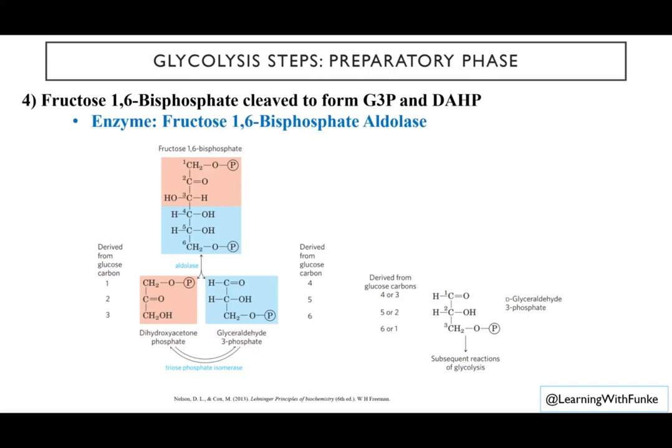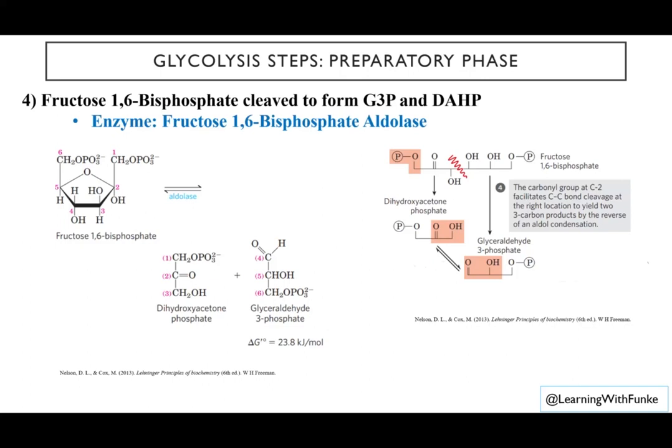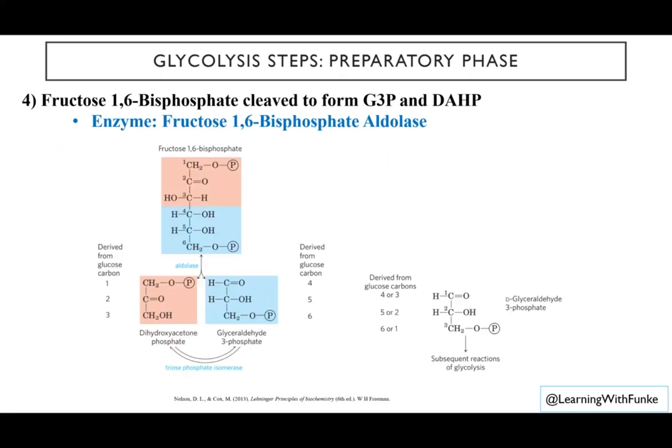And so still at this step, now that we've formed G3P and DAP, just to understand the symmetry and how carbon arrangements go through from the fructose 1,6-bisphosphate to DAP and G3P. What you can see here is, based on the cleavage, your carbon 1, 2, and 3 can go here, catalyzed by this aldolase enzyme to form DAP.